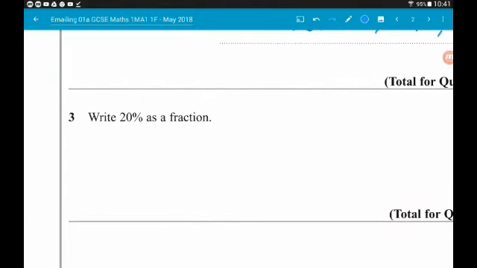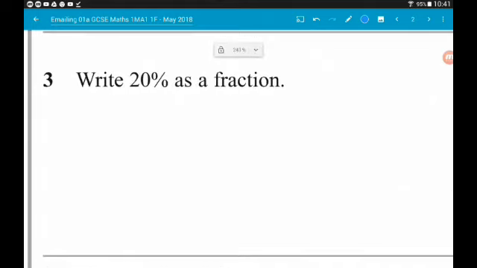Question 3 wants us to write 20% as a fraction. So, percent means per 100. So 20% means 20 over 100. Now it doesn't ask for it in its simplest form, so that is fine. However, we can simplify it.